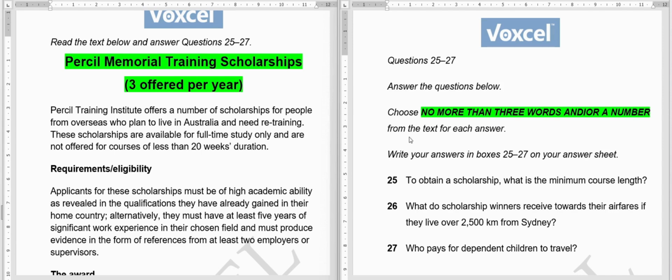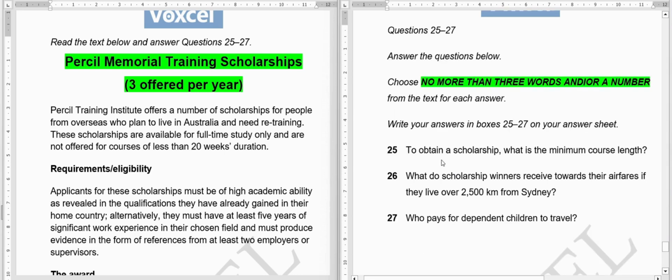They think that no more than 3 words means they have to write 3 words for every question. No. No more than 3 words means a maximum of 3 words, but you can write 1 word also, 2 words also, or 3 words along with the number, or just a number for any particular question. So no more than means this is the maximum limit, but there is no minimum limit on this.